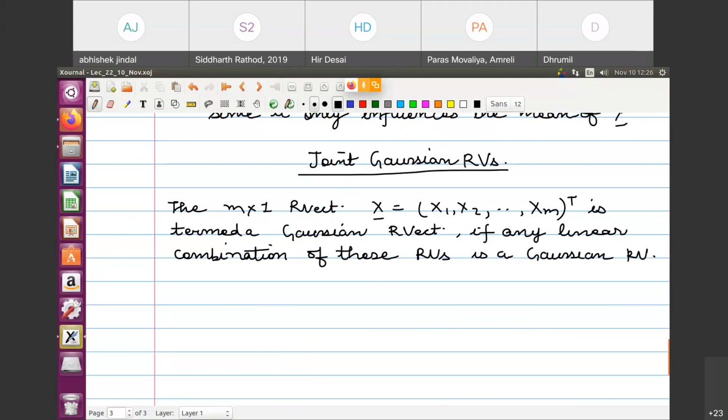It means, let us say you are given a vector which has m entries, m random variables. If you take any linear combination of them, you will obtain a random variable, and that random variable must be Gaussian. If this happens, then x will be a Gaussian random vector, or x1, x2, up to xm are jointly Gaussian random variables.